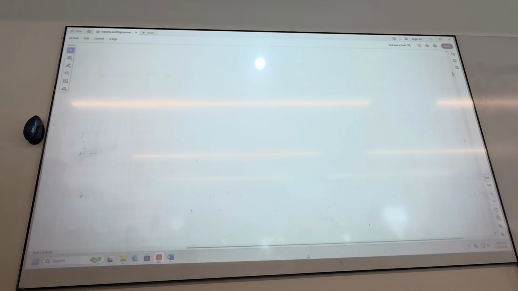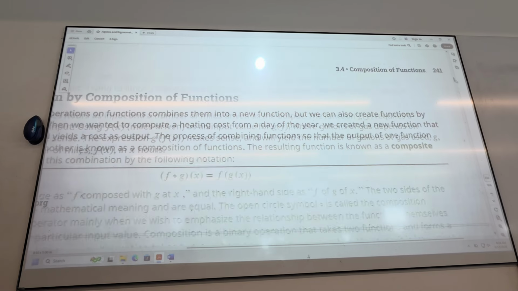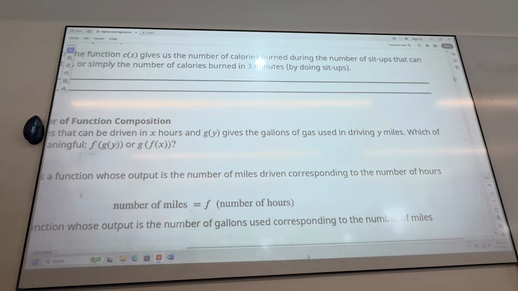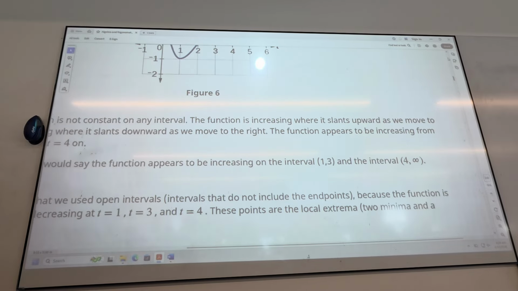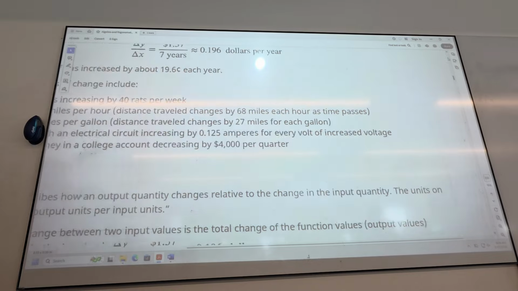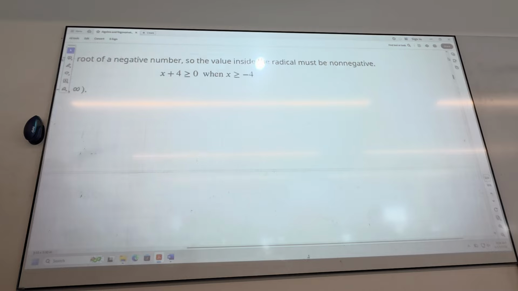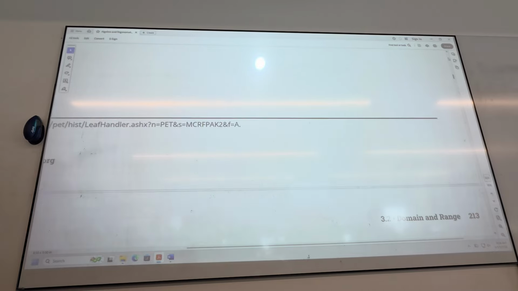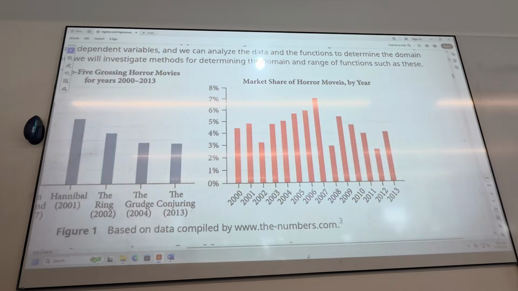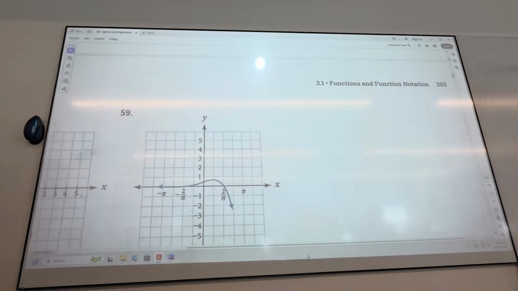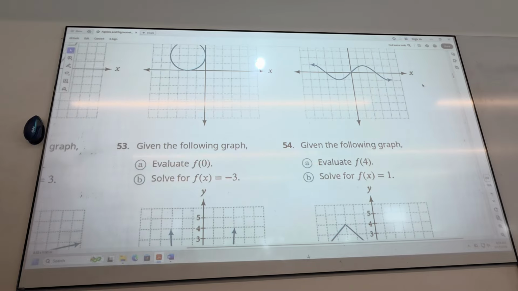No. There we go. Alright. 231. Almost there. What did I say, 202? Yes. Here we go. There it is.